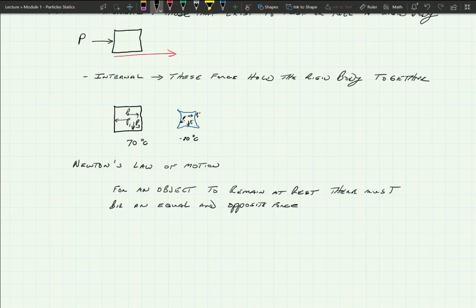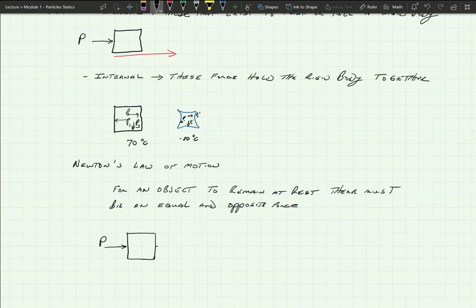Okay. This will come into play a lot more when you take a dynamics class, but this law in this particular case actually applies. So let's do this. I've got my original block up here that I had force P on. And if I only have this force, I'm going to move to the right.